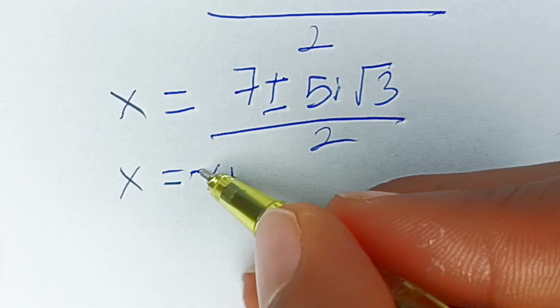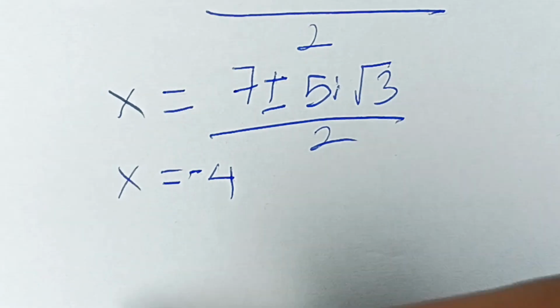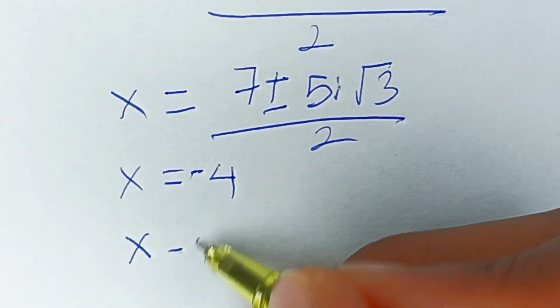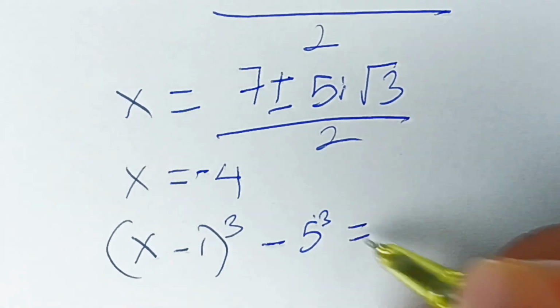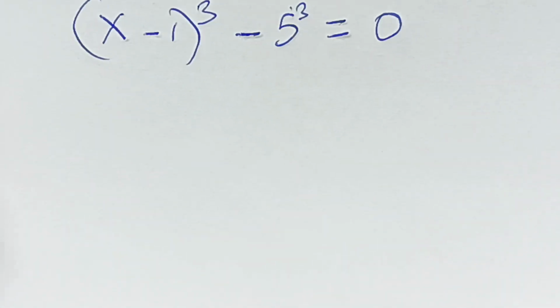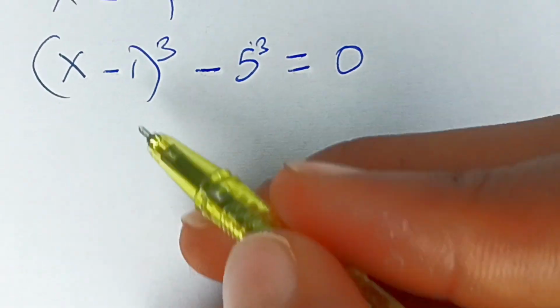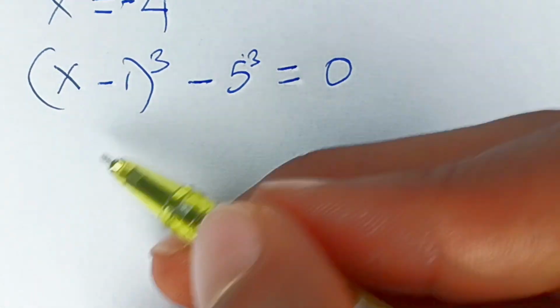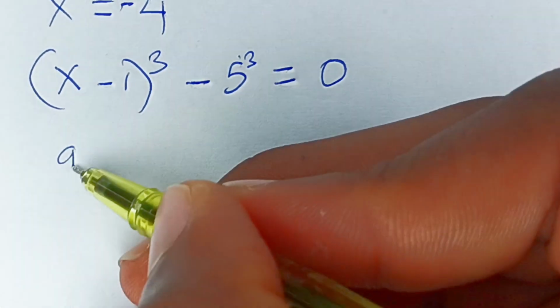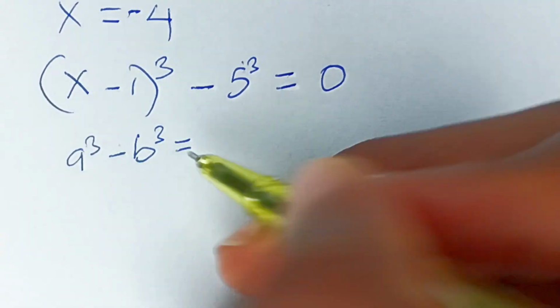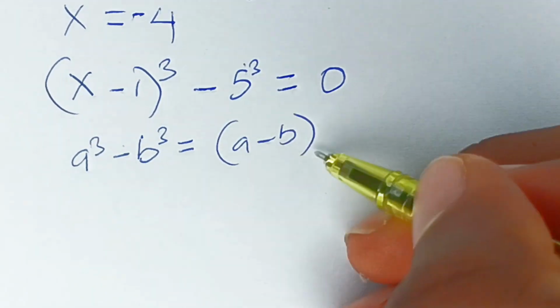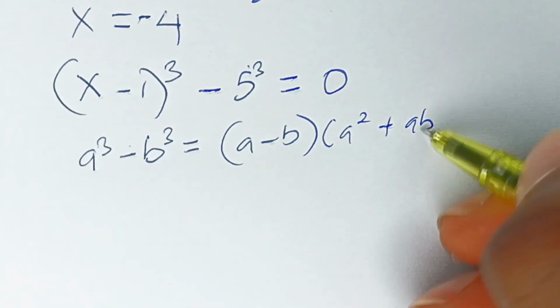Now, furthermore, you can recall that the second part of this equation was (x − 1)^3 − 5^3 = 0. Now, using the law of difference of two cubes, just as we used sum of two cubes initially, we have a^3 − b^3 = (a − b)(a^2 + ab + b^2).